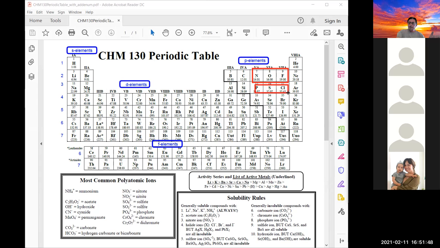Phosphorus, sulfur, and chlorine: phosphide, sulfide, chloride. And you can do selenide, and bromide, and iodide, because Te is a metalloid. So those are the main ones you're going to be working with.